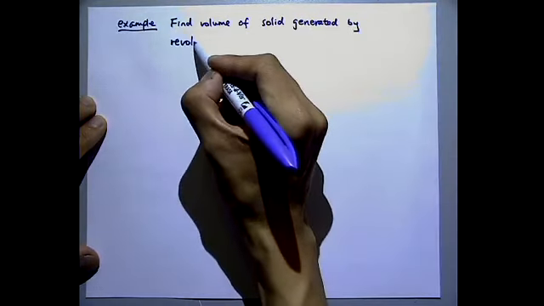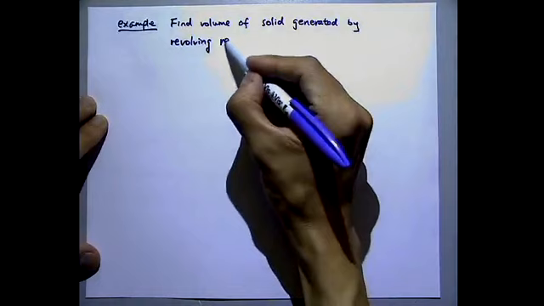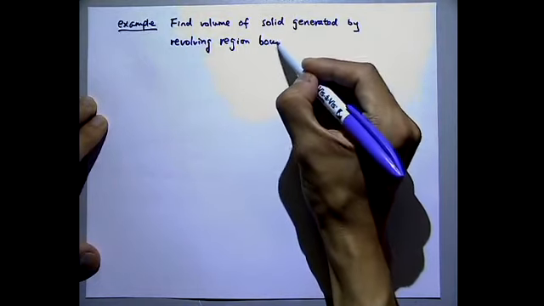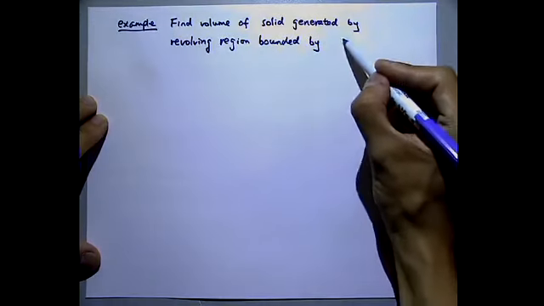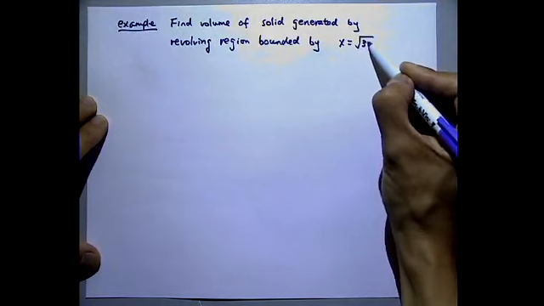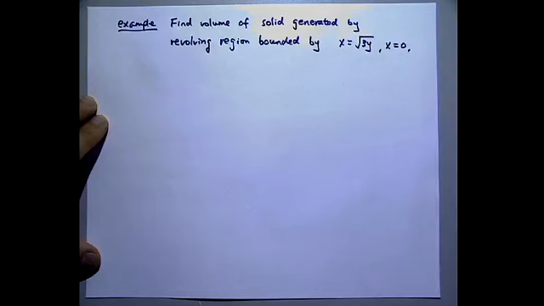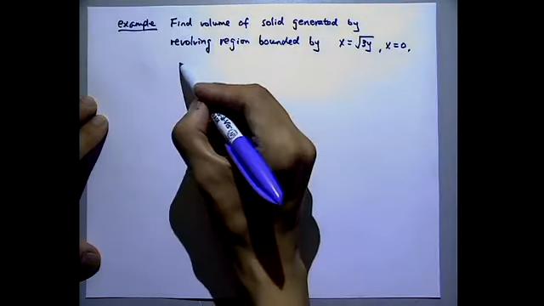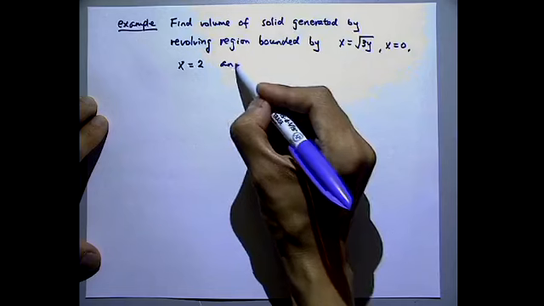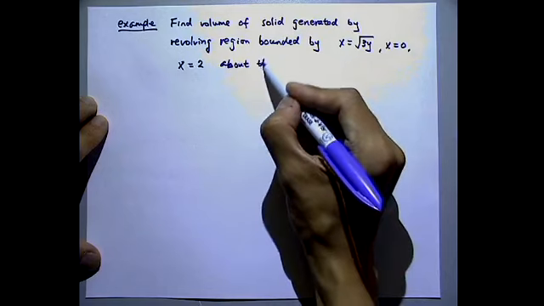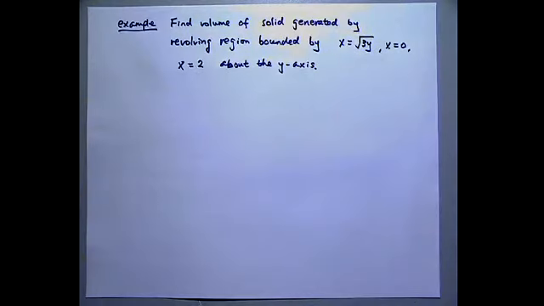Find the volume of the solid generated by revolving the region bounded by x is equal to radical 3y, x is equal to 0, and y is equal to 2, and we're taking that region and revolving it around the y-axis.